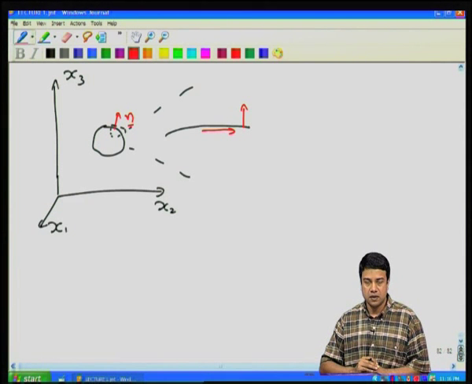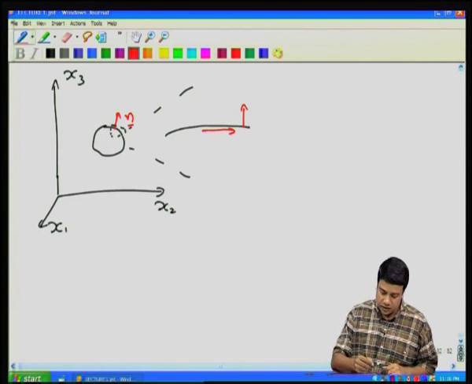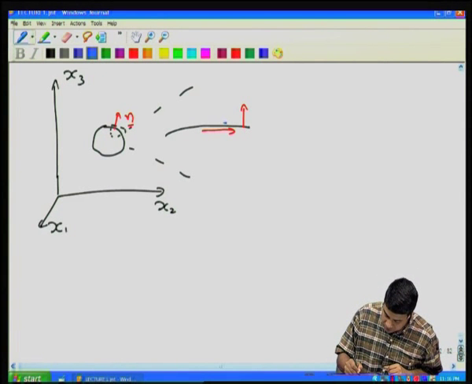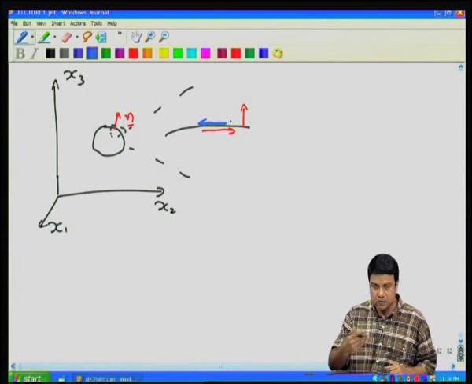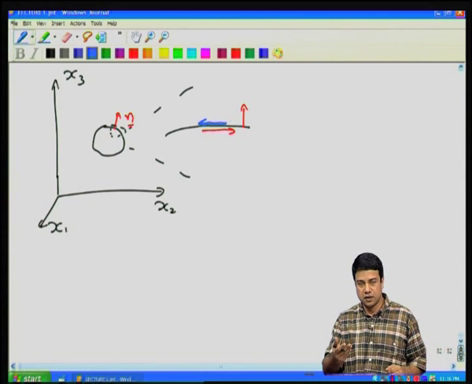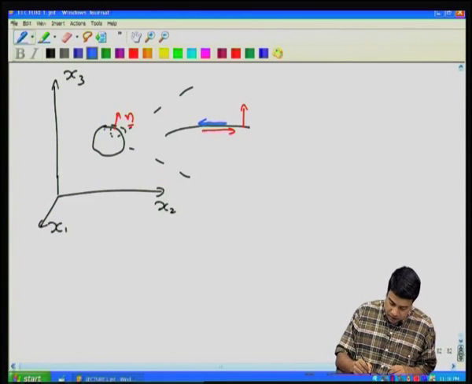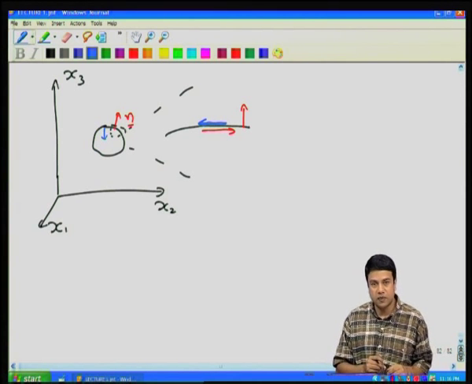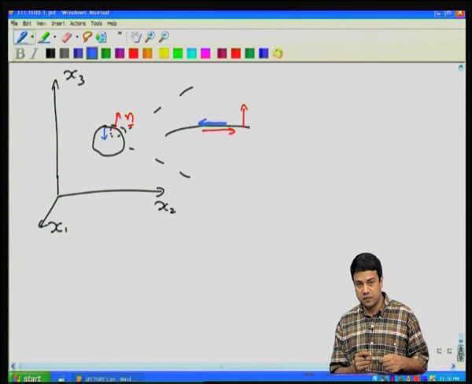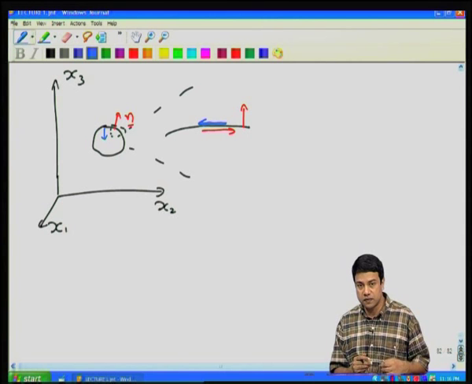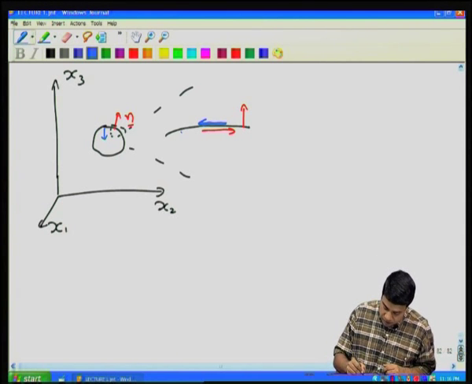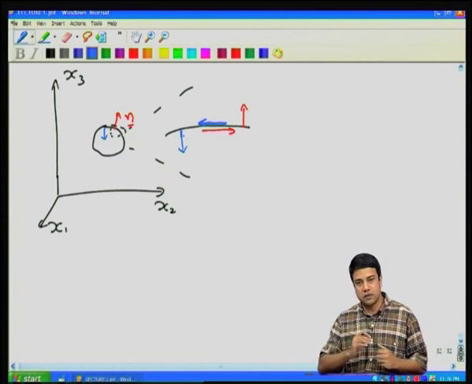So, this is the force that is exerted by the fluid inside on the fluid outside. For the fluid outside, the outward unit normal is actually pointing into this volume. So, the outward unit normal for the fluid outside is in this direction, it is pointing into the volume.